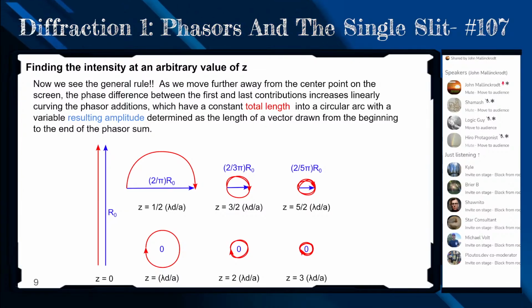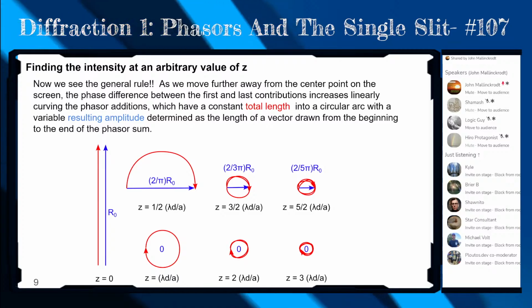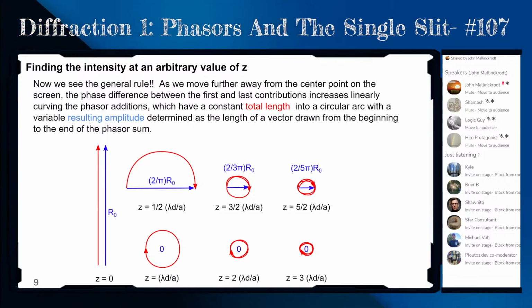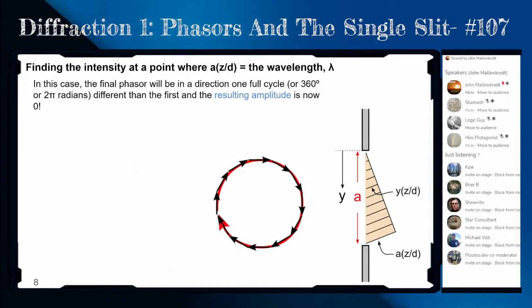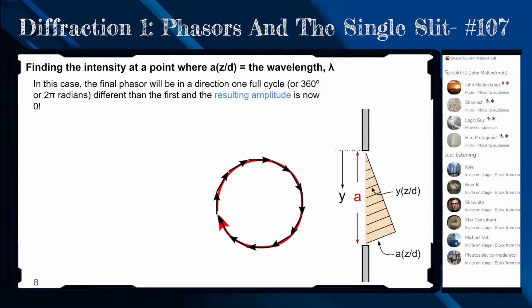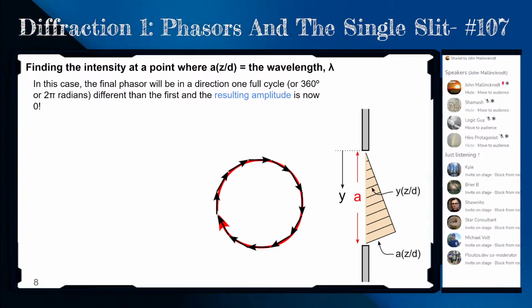Going slightly to the right, you see the half circle that we've already talked about. That's what happens when z is one half of lambda d over a. In the past, if you look at slide 8 again, this is what happens when a times z over d is equal to the wavelength. Now I'm talking about it in terms of what happens at z.